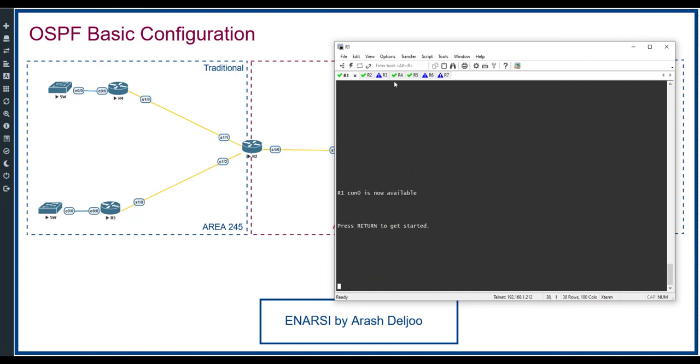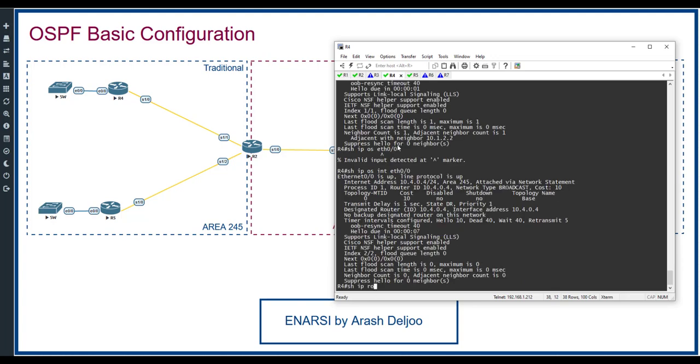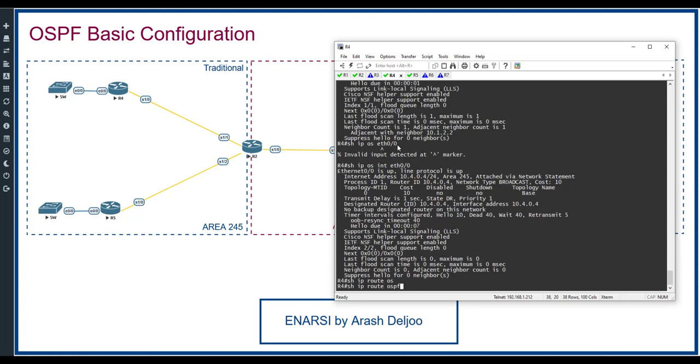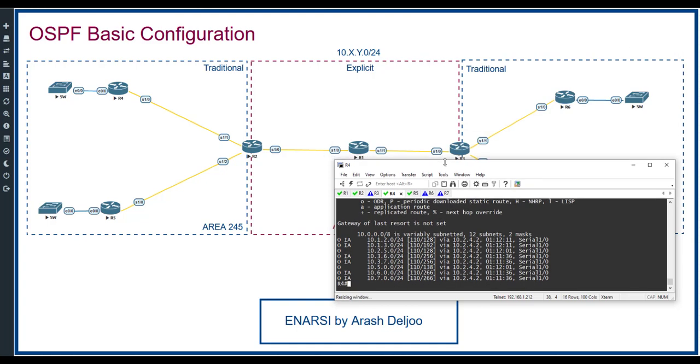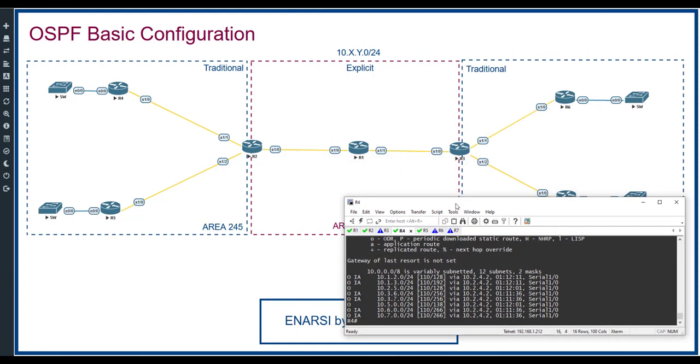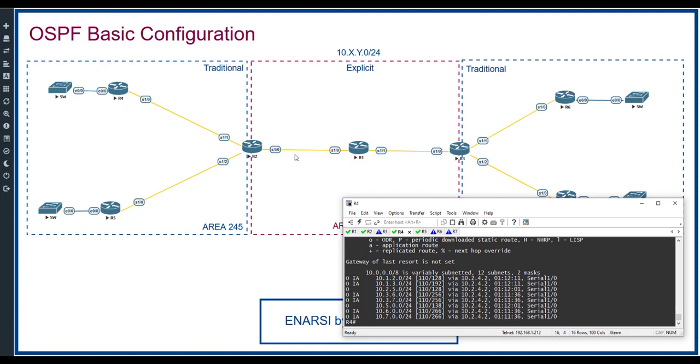In router 4, let me show you again the routing table. Show ip route ospf shows us that we have this cost. For example, for reaching 10.1.20.0/24, this network, we have 2 serial links, serial 1 and serial 2. Because of that, the cost of 2 serial links is 64 plus 64 equal to 128.